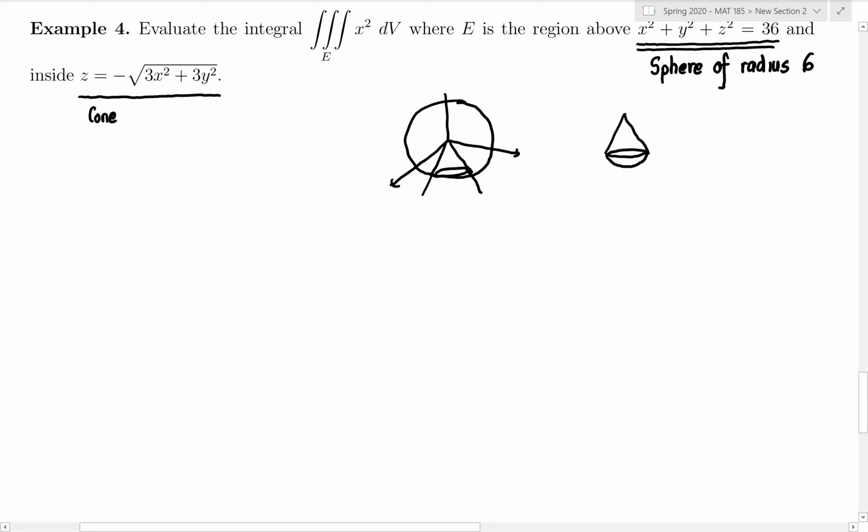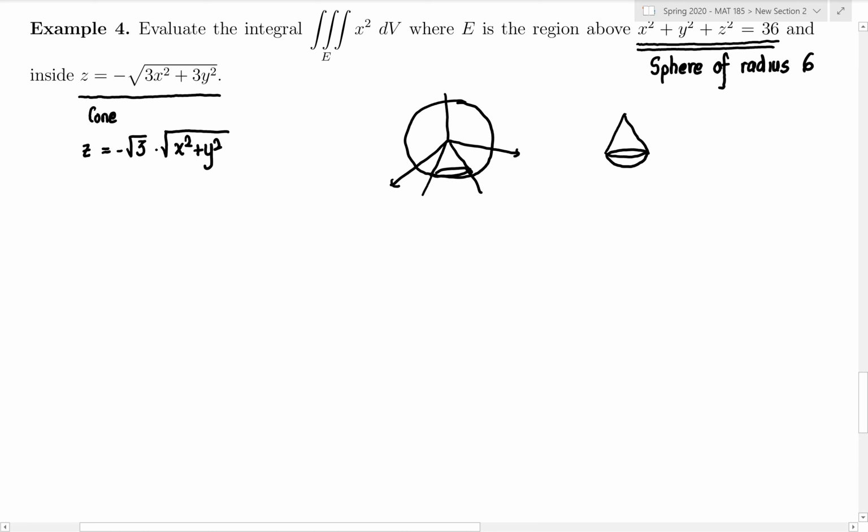If I rewrite this, I could pull out a negative square root of 3 from there. Then I'd be left with square root of x squared plus y squared. That might be a little more familiar. So I have z as a constant times square root of x squared plus y squared, so we would believe that that's a cone. All right, so the region we're working with is this thing here.